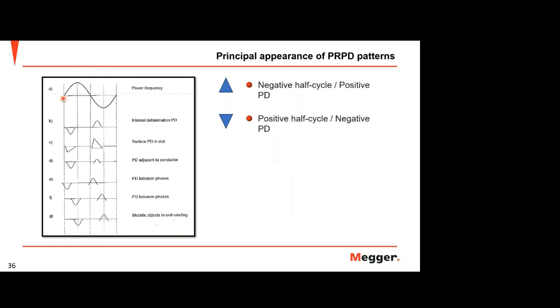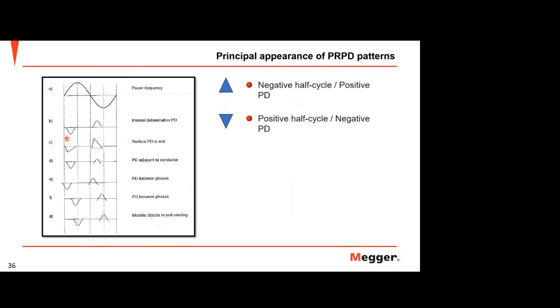So this is the sine power frequency, and you can see the pattern position in which phase. They have 0, 90, 180, 270 and 360 degrees. So the location and shape of the pattern can give you information about what type of PD it is.